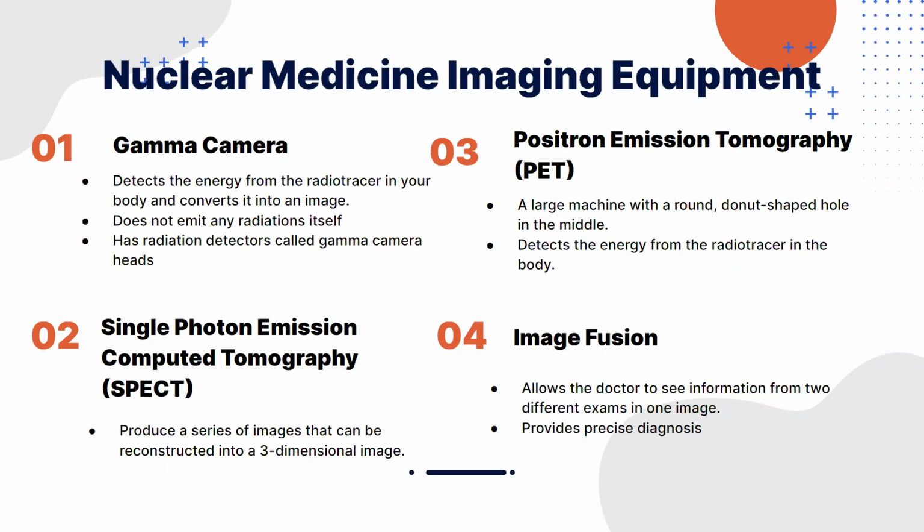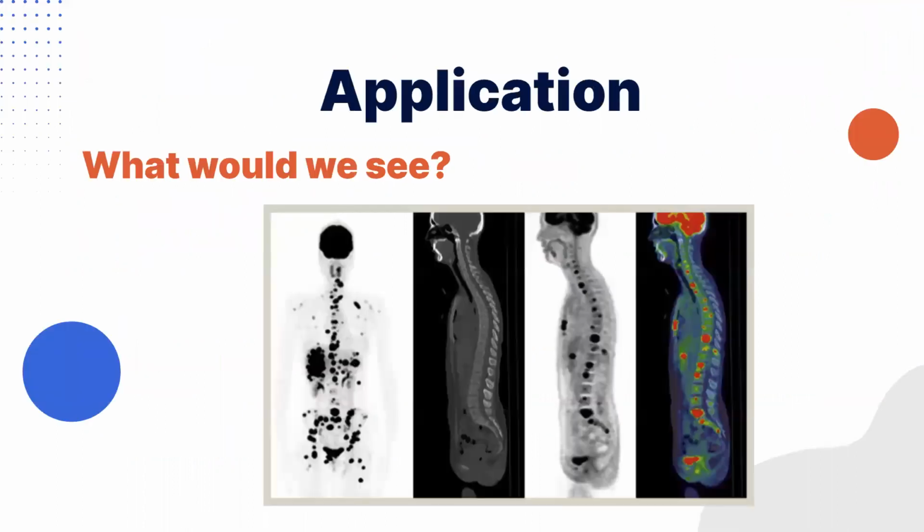It is a large machine with a round, donut-shaped hole in the middle and detects the energy from the radiotracer in the body. Lastly, we have image fusion, which allows the doctor to see the information from two different exams in one image to provide a precise diagnosis. I will now pass it on to Chris, who will discuss some of the further applications of nuclear imaging.